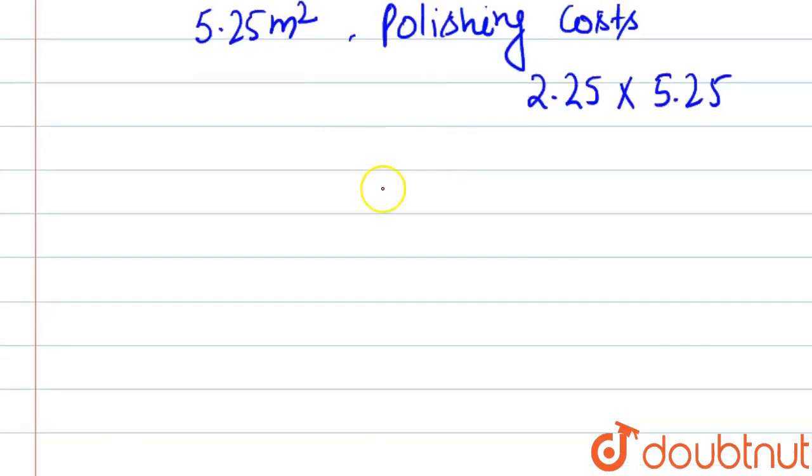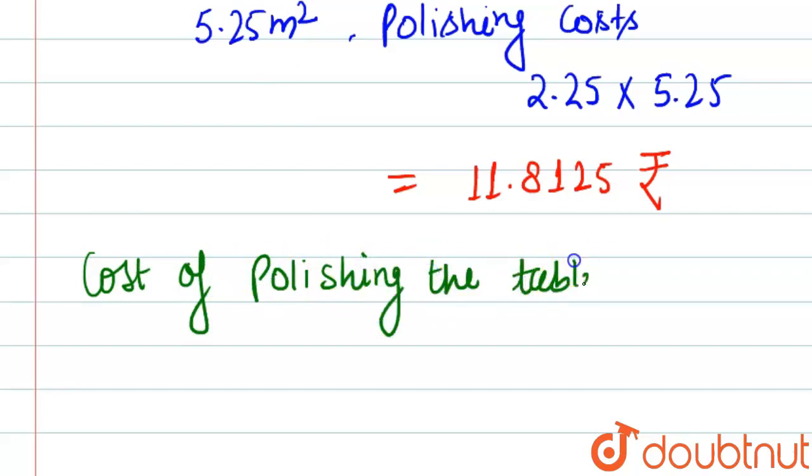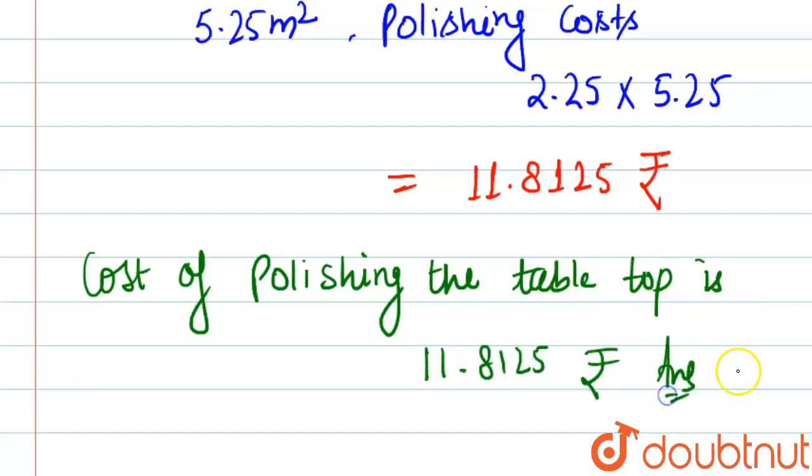If we multiply 2.25 and 5.25, that will be 11.8125 rupees. So we can say the cost of polishing the tabletop is 11.8125 rupees, and this is our answer.